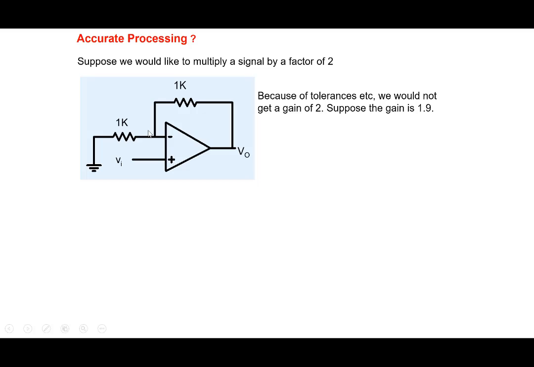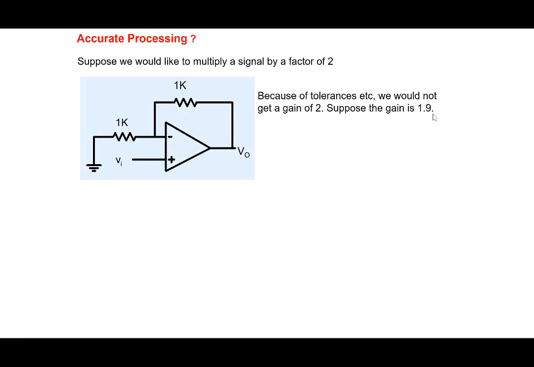But note that this is a schematic with perfect resistors. In practice, resistors will have tolerances. Suppose this is not exactly 1K, but maybe a little less than 1K, and this may be a little higher than 1K. What you end up getting is a gain of 1.9.